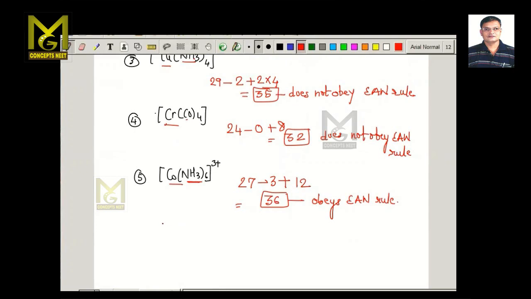Based on that, you can calculate the oxidation state and coordination number, and by using these we can easily calculate the EAN, the effective atomic number. Its use is only to predict whether the complex obeys the EAN rule or not, meaning whether the complex has attained a noble gas configuration or not.